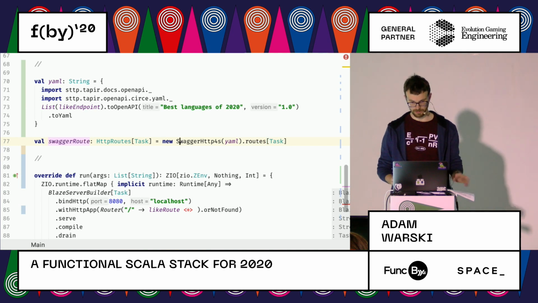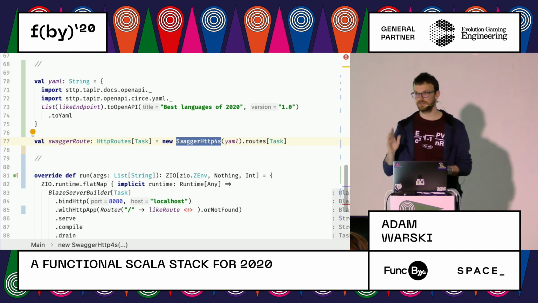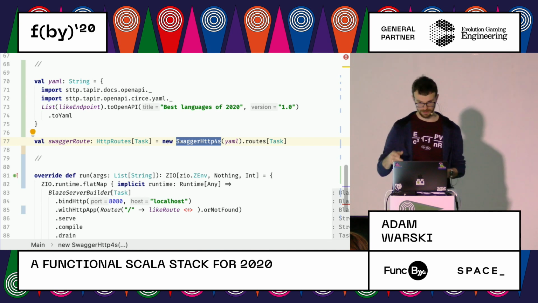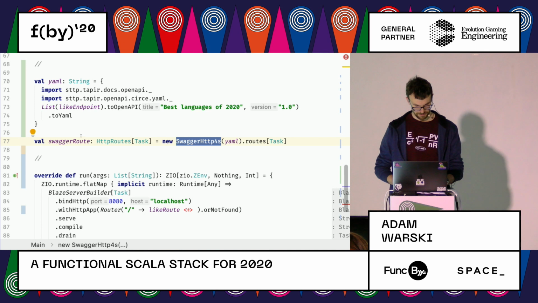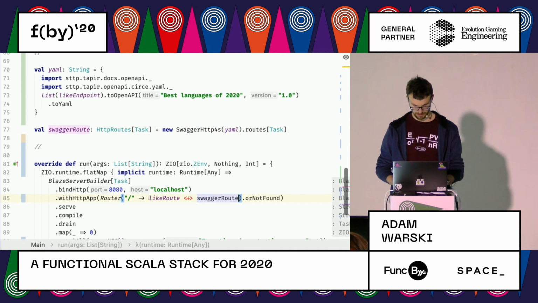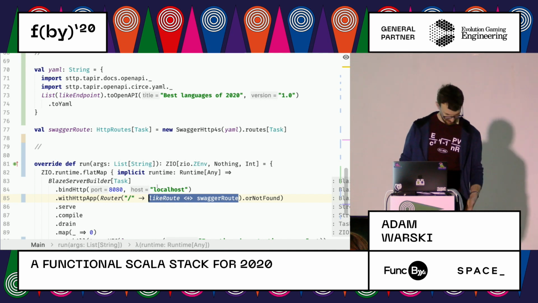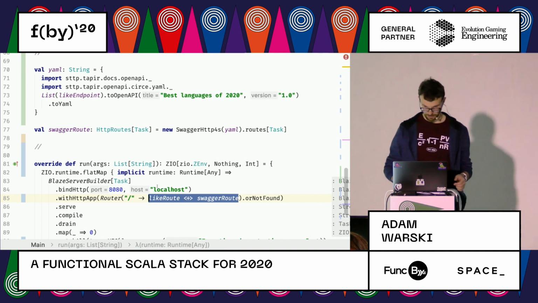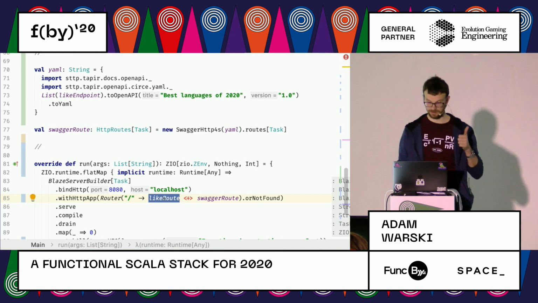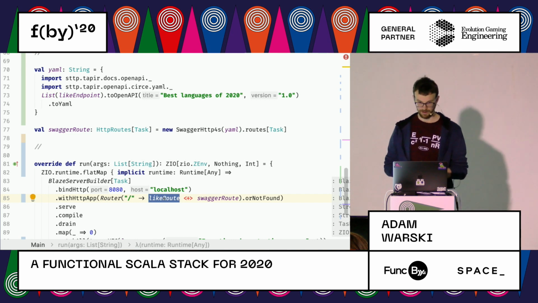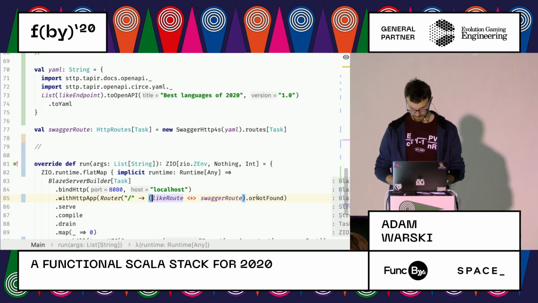So that route exposes all of the assets, the CSS files, the images, the HTML of the Swagger documentation. So now we expose 2 routes, right? We exposed our route, which was interpreted from our endpoint, and all the Swagger things.